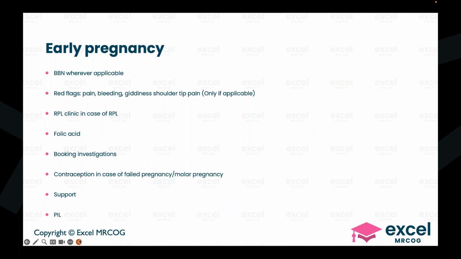On the scan, it appears that your baby hasn't been moving. First thing, don't say that the baby has died. Your baby hasn't been moving. We checked the baby's heart and we couldn't find a heartbeat. I'm really sorry, but your baby has died in the womb. This is how you need to do your breaking bad news about IUFD, for instance.